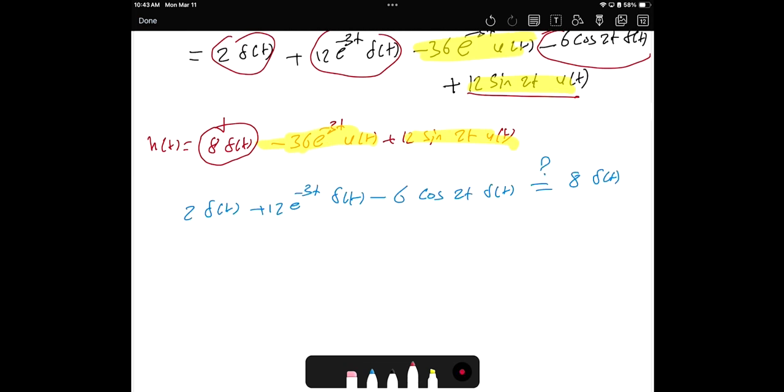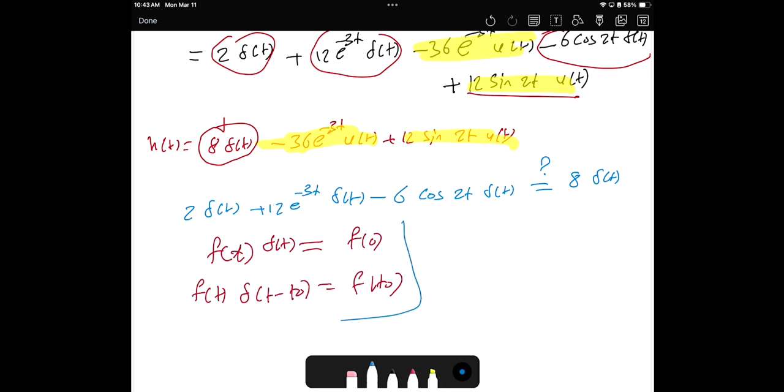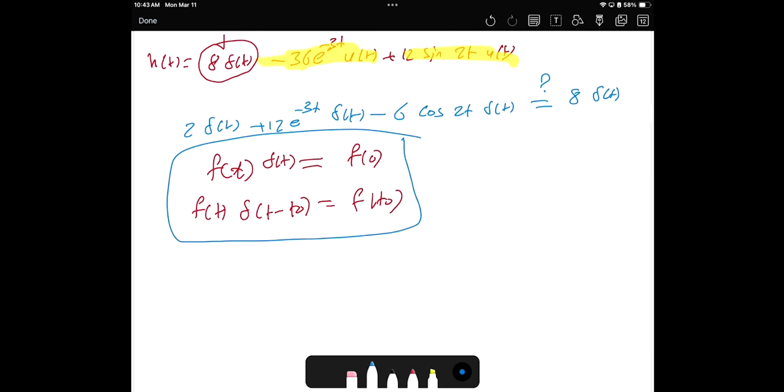Recall from the delta function properties, f of t multiplied by delta of t is equal to f of 0. When you have f of t times delta of t minus t0, this will be f of t0. And that's what's happening here. So this yields 2 delta of t, and then for the other deltas, it is f of 0 times delta of t.